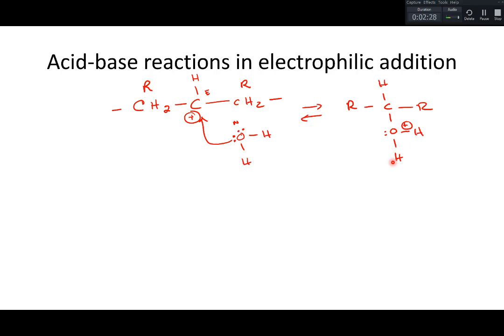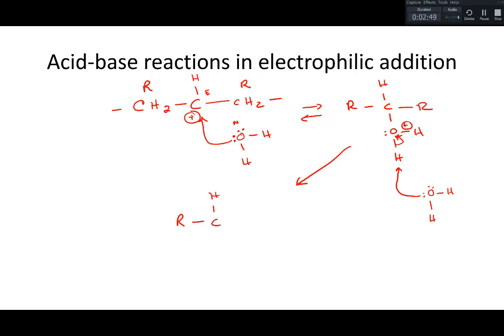So now what's going to happen is usually another water molecule will come in these particular reactions, and it will pick up that extra hydrogen, and then you're going to be left with something that looks like this.